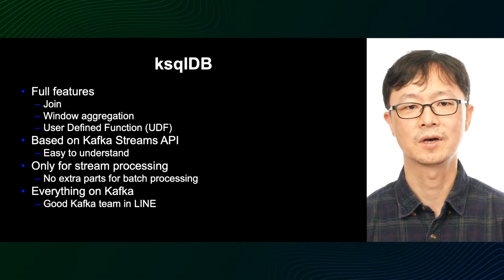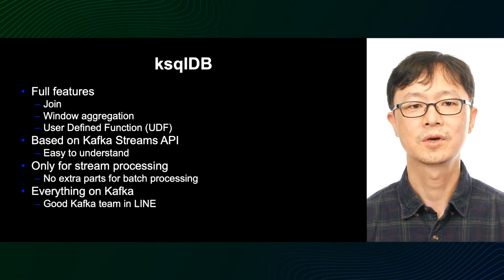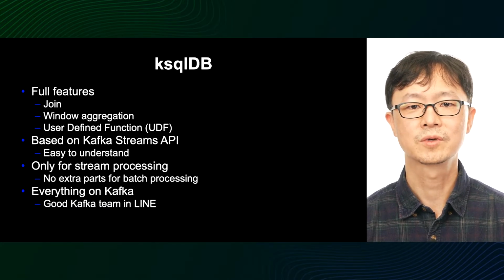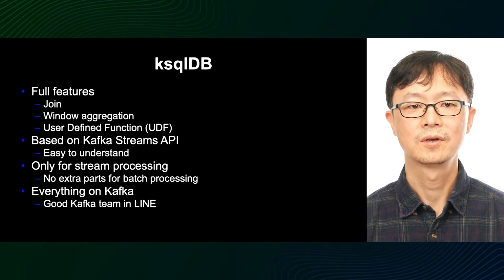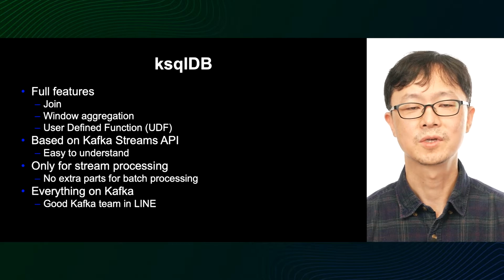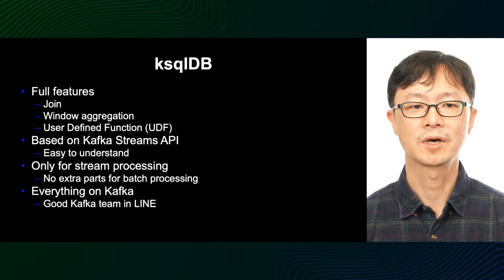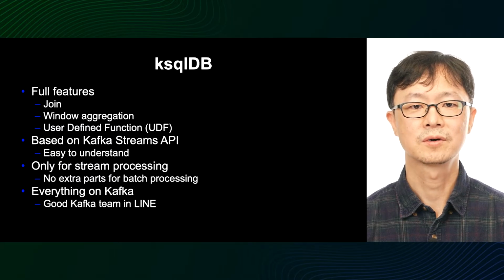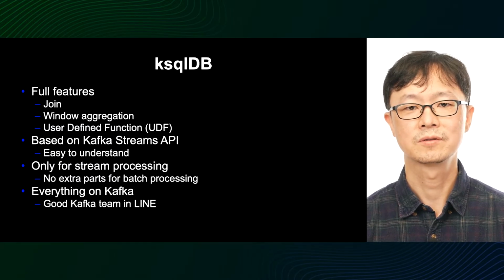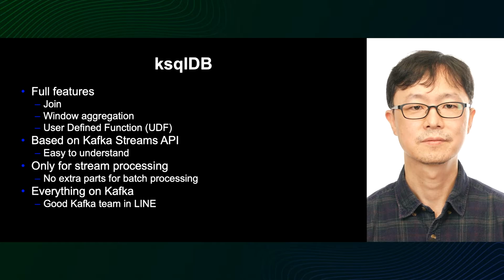So if necessary, we were able to analyze the source code and solve problems. And you only needed Kafka to use it. Line has very excellent Kafka support, so we also took that into consideration when we selected this.